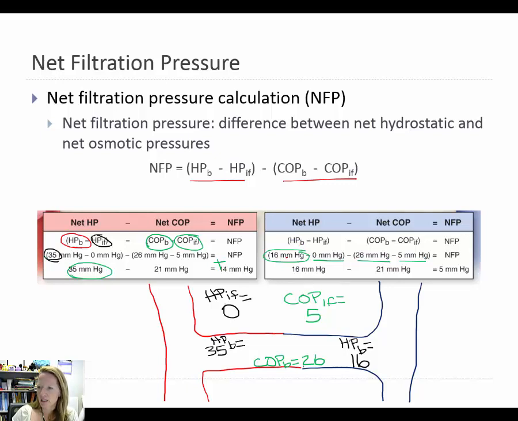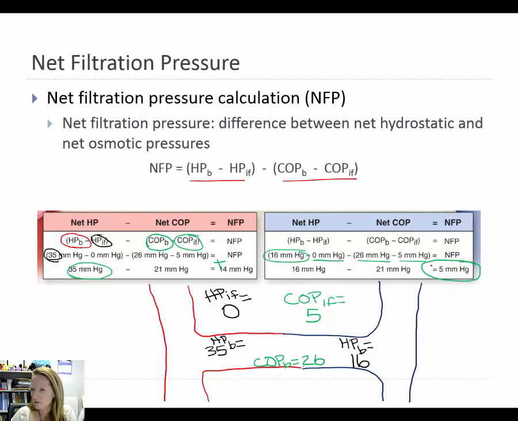But if you take a look, they did the math again. So there's the difference between the hydrostatic pressures, and then there's the difference between the two colloid osmotic pressures. But look, 16 minus 21 is a negative 5.